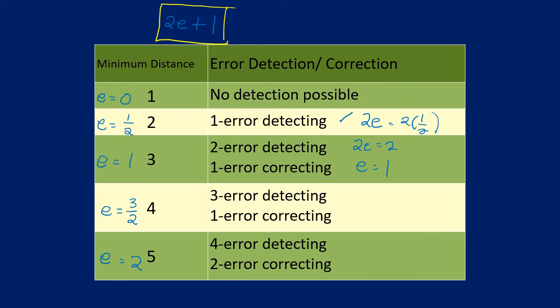Here your 2e is 3 and your e of course is up to. Remember the word up to. So since your e is 3 halves, you can detect up to 1 error. Okay? And here your 2e is 4, your e is 2. Okay?